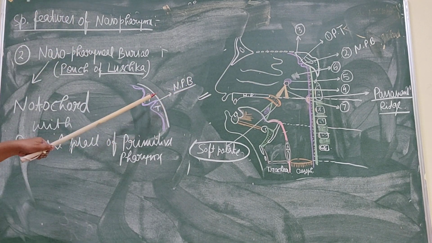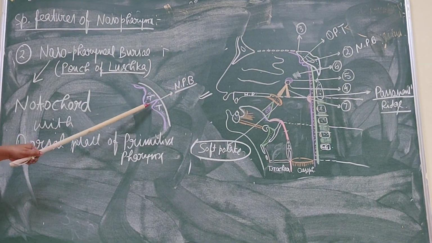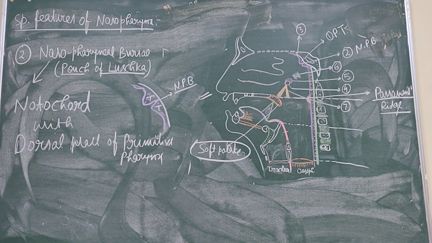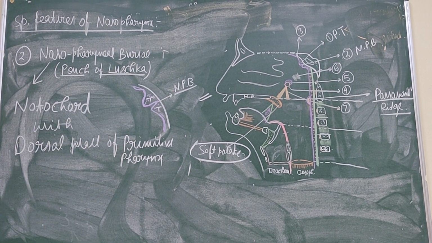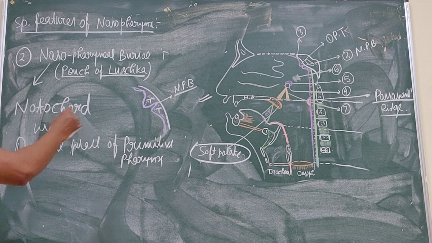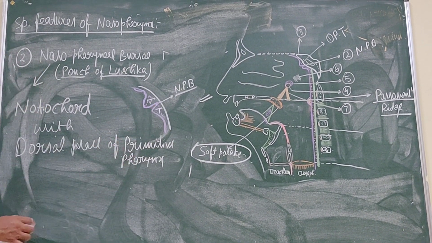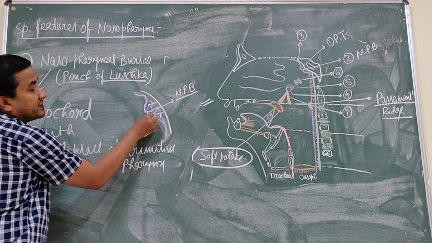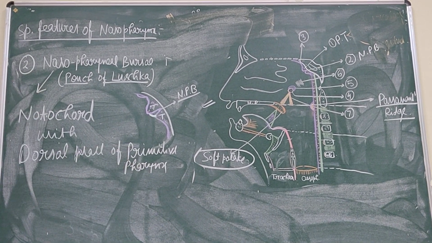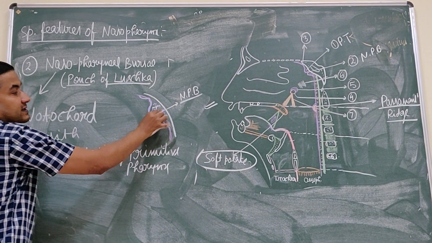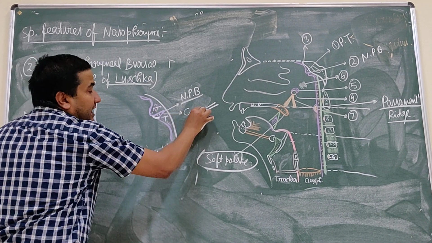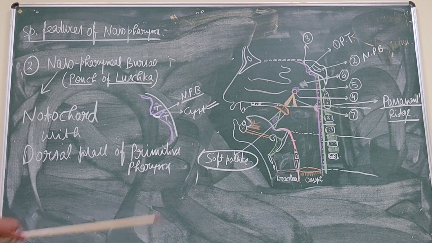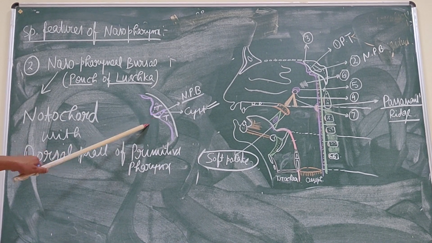In this diagram, if you magnify, it is a tonsil and this diverticulum of the mucosa. It is the nasopharyngeal bursa. Sometimes this bursa changes into a cyst when its mouth is closed and it is enlarged, or it may get infected and continuously discharge.